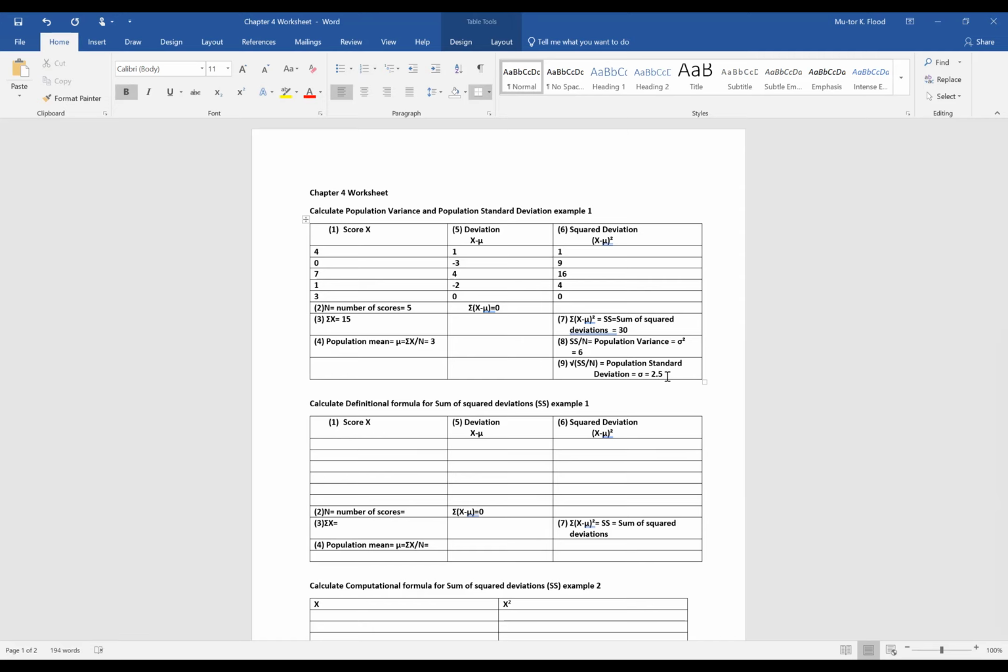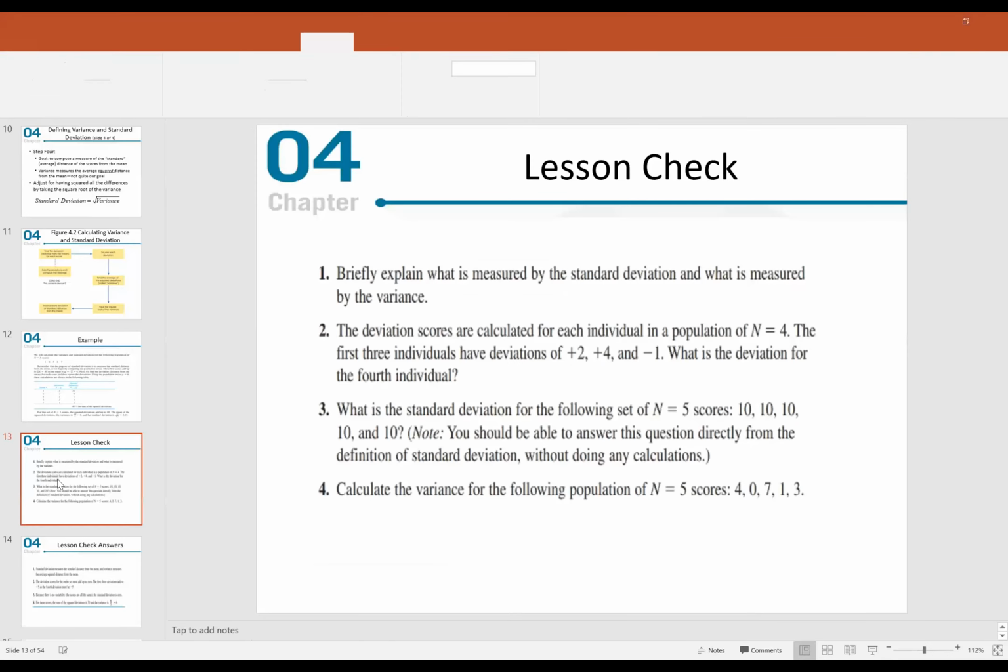So that is our population standard deviation. But the answer to the question was just, what is the population variance? And the population variance is going to be 6. So that is how you calculate the variance and the standard deviation for a population of scores.